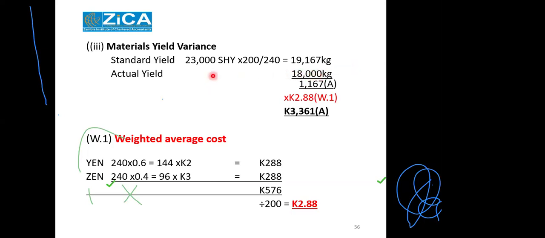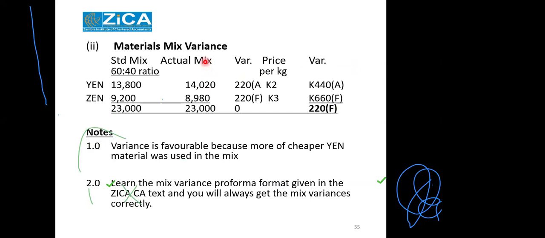Then you say, well, they used 23,000 in total. As we noted, materials yield variances are totals variances. So you add up the kgs for Zen and for Yen, and those are 23,000. We noted that on the mixed variance.